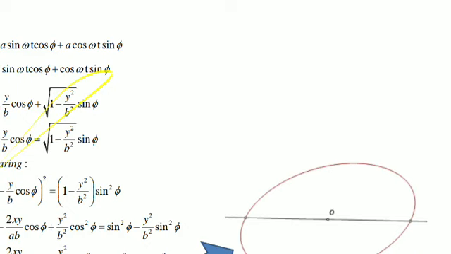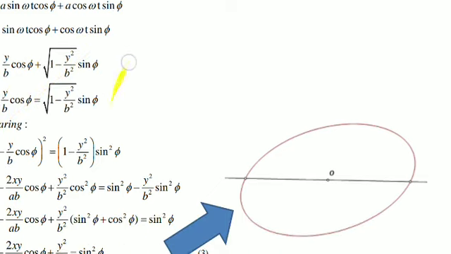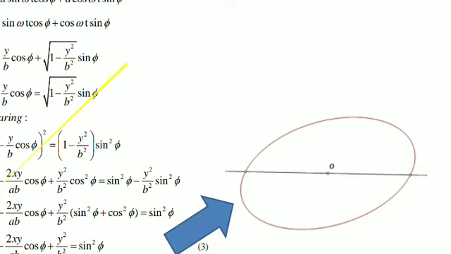So sin omega t means y upon b, and instead of cos phi, just write cos phi plus. Now instead of cos omega t, let us write under root of 1 minus y square by b square into sin phi. Now let us shift this y upon b into cos phi into the left hand side. So x upon a minus y upon b into cos phi is equal to this particular entity.